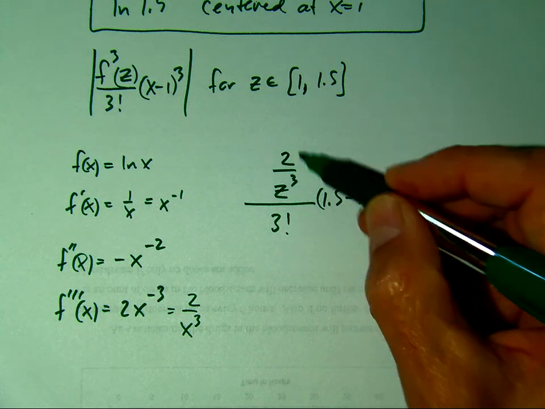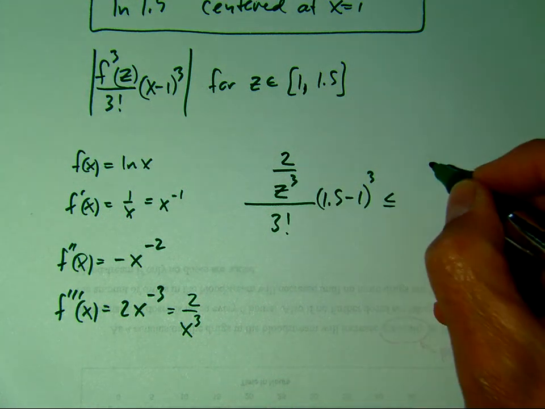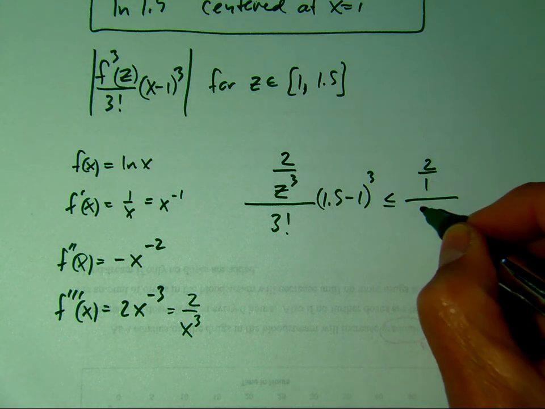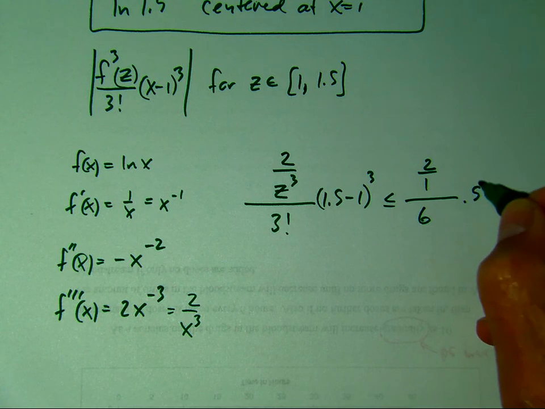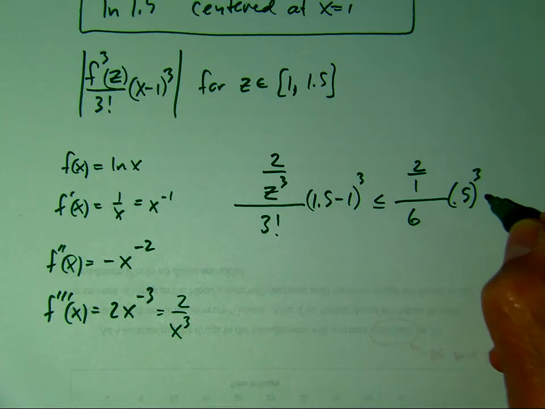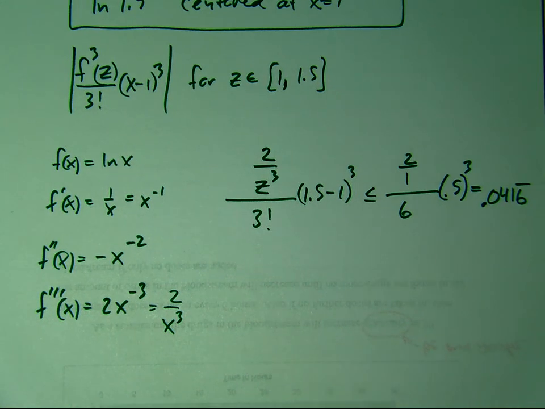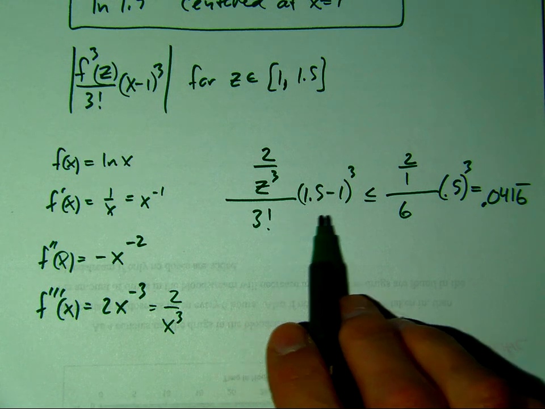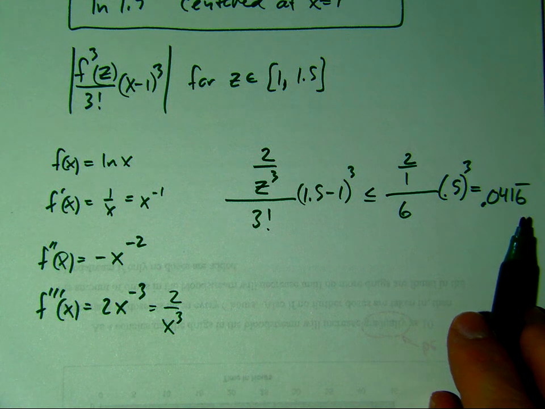So let's make this a 1, and we'll say that this is less than or equal to 2 over 1 cubed, which is just 1, over 6, times 0.5 cubed. That is 0.0416, with the 6 repeating. And so we know the actual error is less than 0.0416. And we'll stop there.